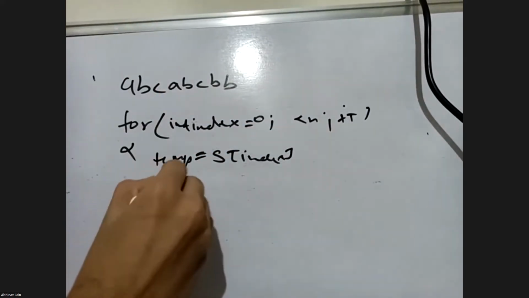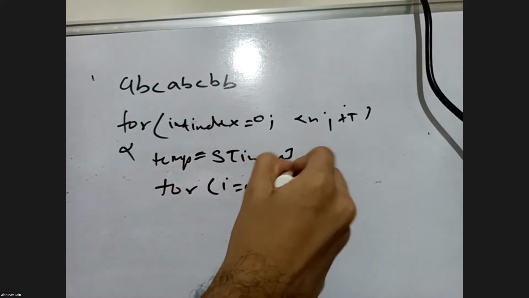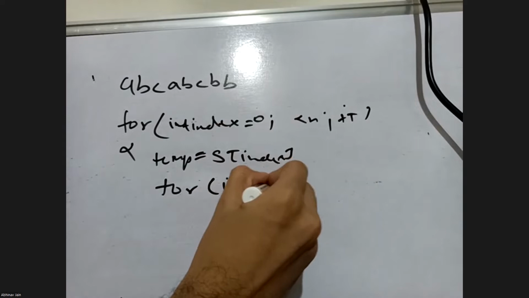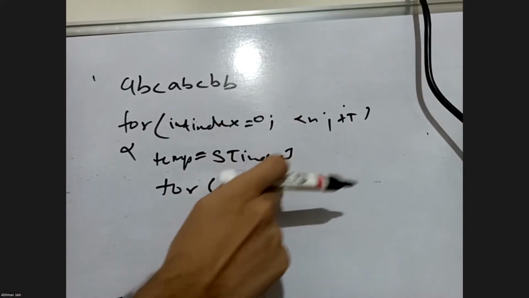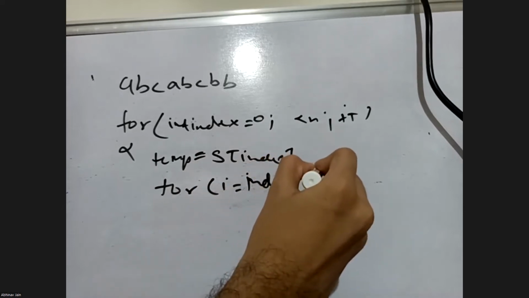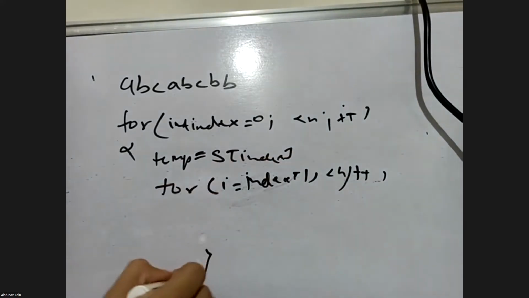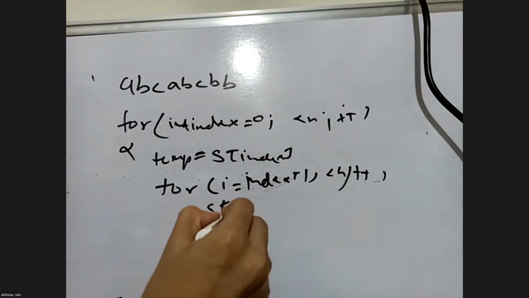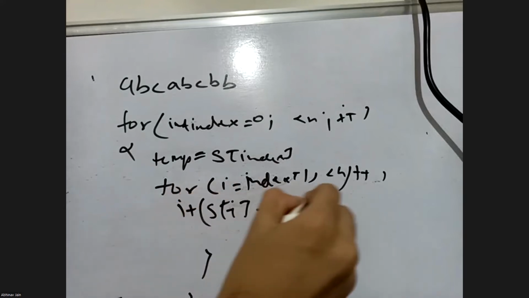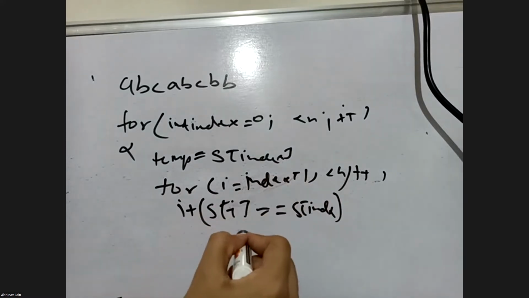And then we can have another for loop inside this, i equals, not 0, it will start from index plus 1, i less than n, i plus plus. And then obviously in this for loop we can see if s of i is equal to s of index, we can go on about this by increasing count.